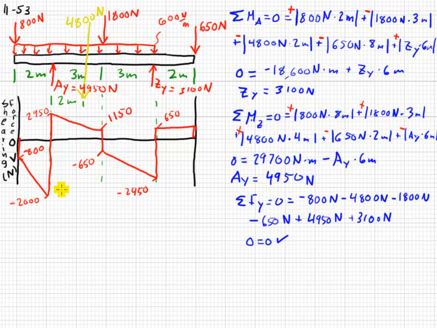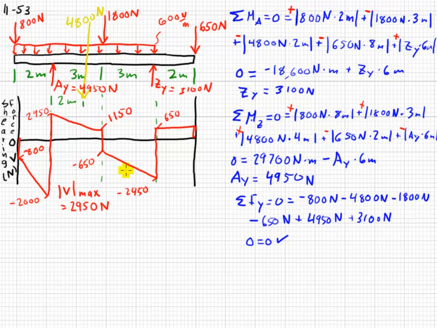Last thing to note specifically for the shear force diagram is our maximum shearing force. Now this is the maximum absolute value, and so we actually have 2950 here. So our shear force diagram is done.